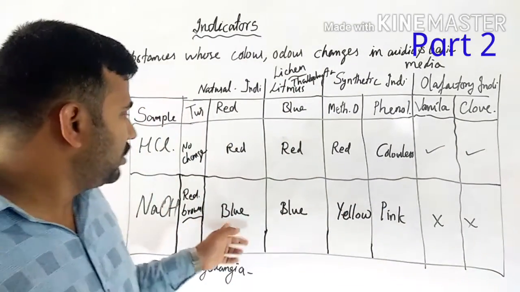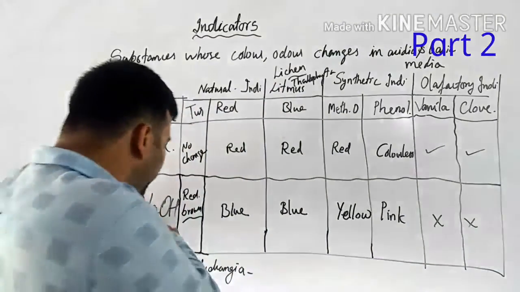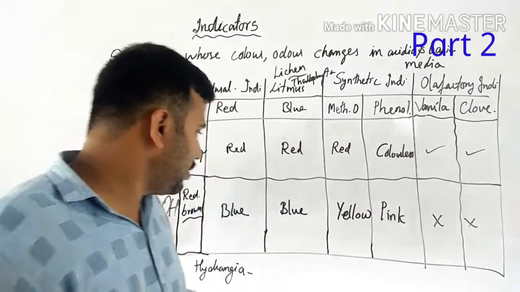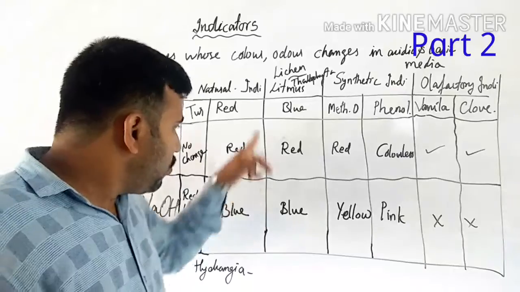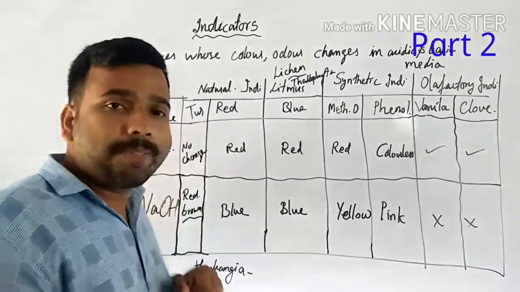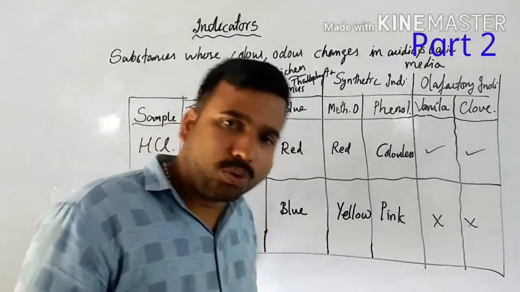And let us not miss litmus paper. Suppose sodium hydroxide, that's a base, we have already seen the definitions, which are very important, so revise that again. What happens when red litmus comes in contact with a basic substance? It will change its color to blue.